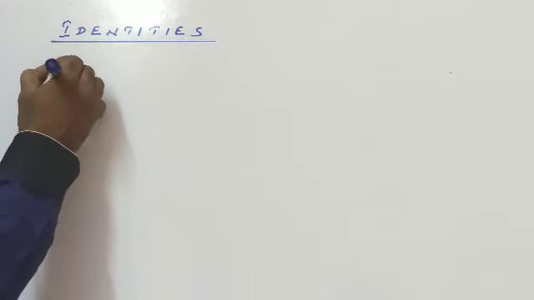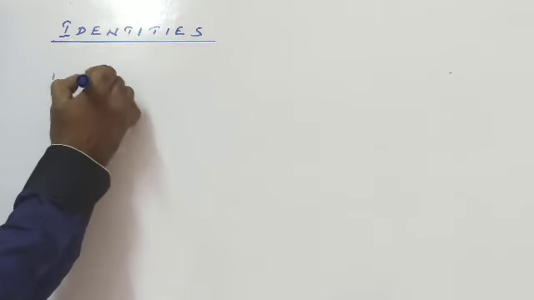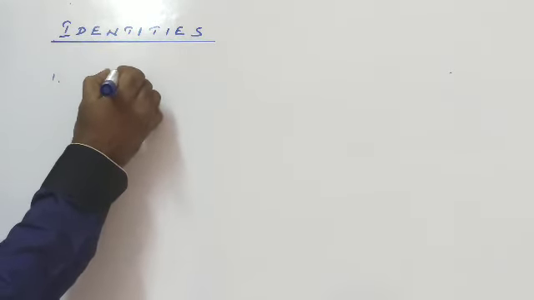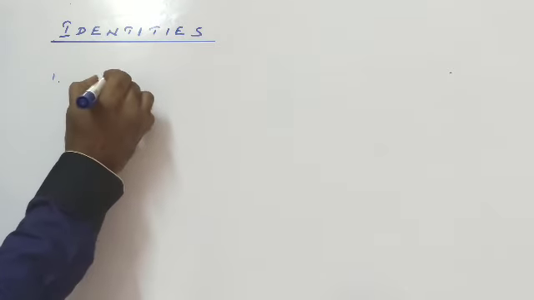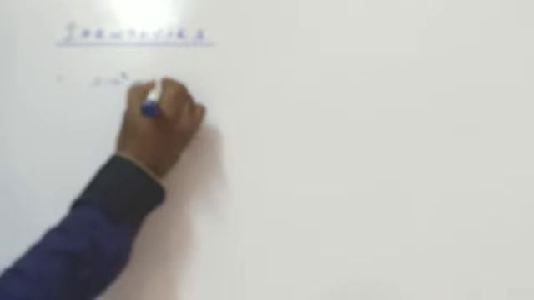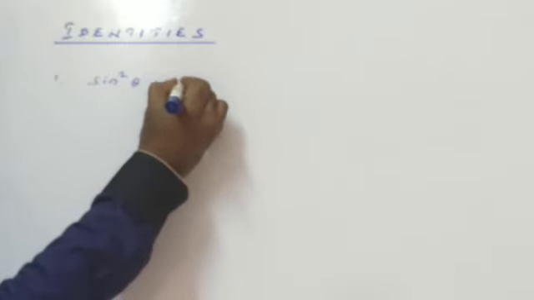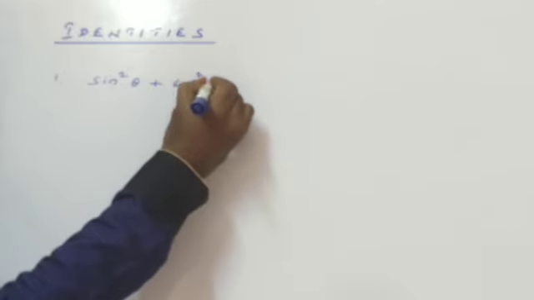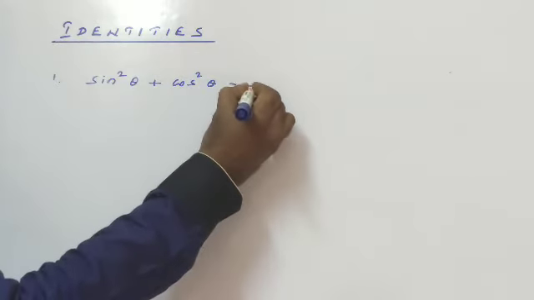First identity is sin square theta plus cos square theta equal to 1.